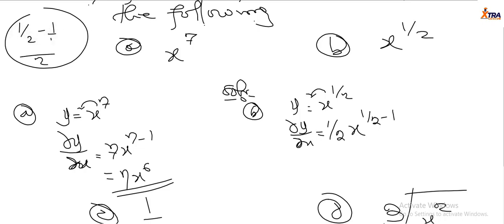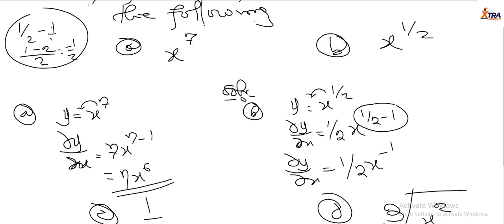Find the LCM, which is 2. 2 into 2 is 1, 1 times 1 is 1. Minus 1 into 2 is 2, so we subtract this, we have minus 1 over 2. So we have dy over dx now equals 1 over 2 x to the power minus 1 over 2.